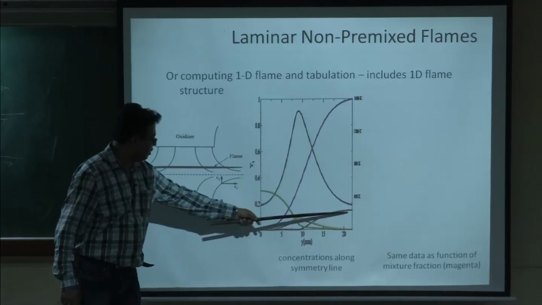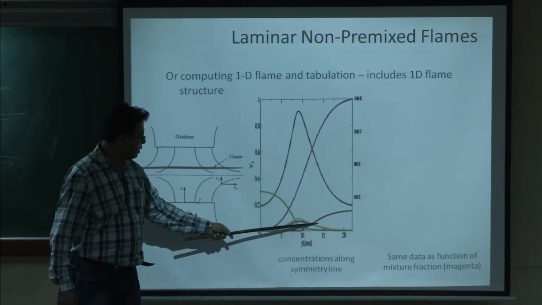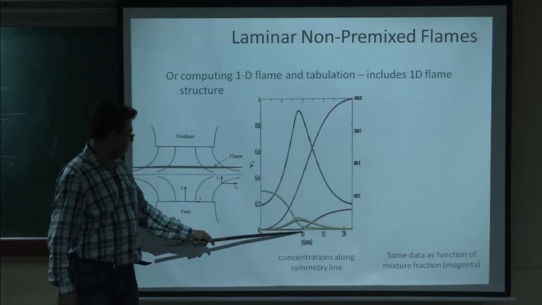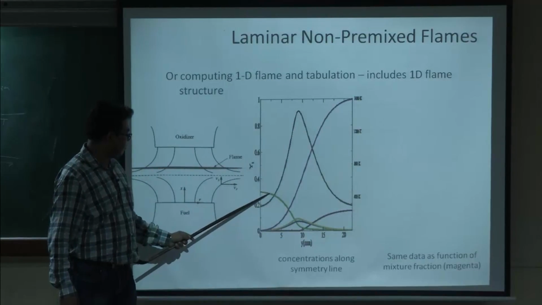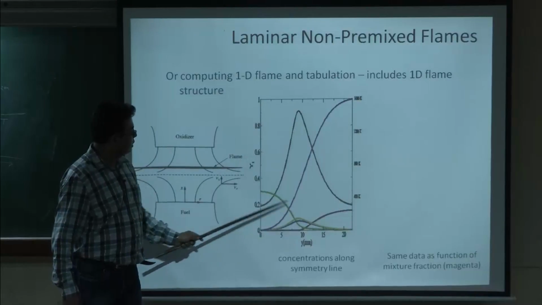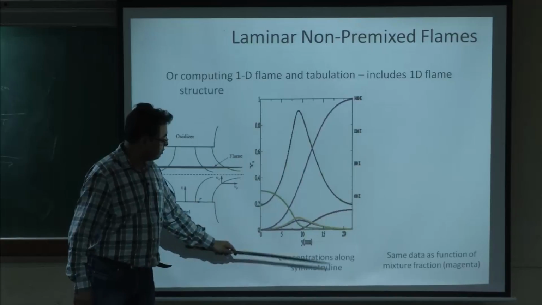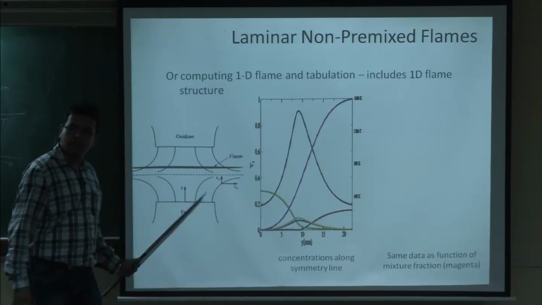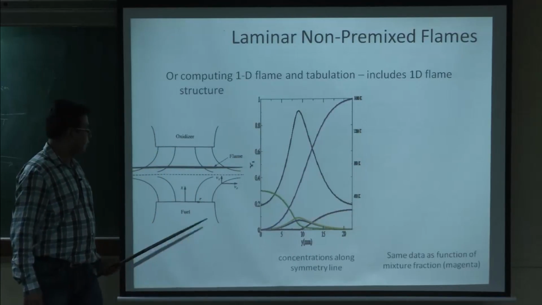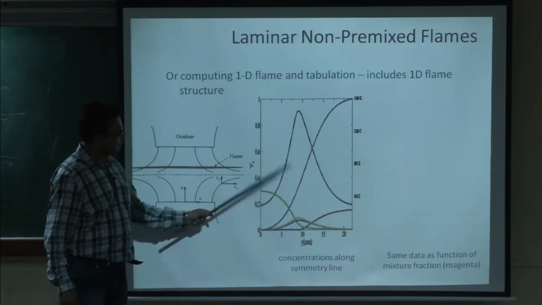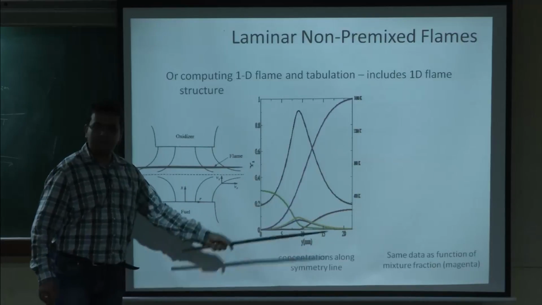Fuel is coming and it is almost 0 at the flame front, and here the oxidizer is coming from the other side and it is almost 0 here, and temperature is represented by this black line. But these are all along the physical coordinate system. This side is fuel, this side is the oxidizer.